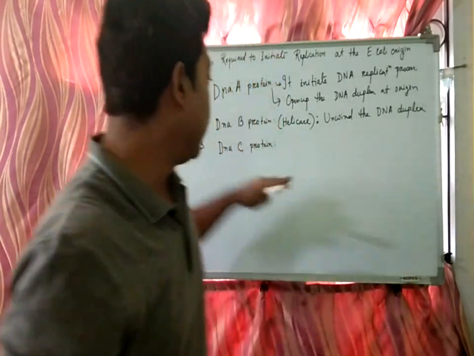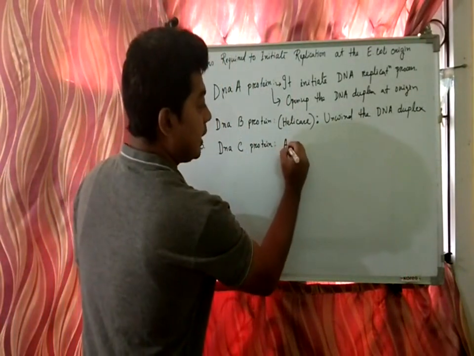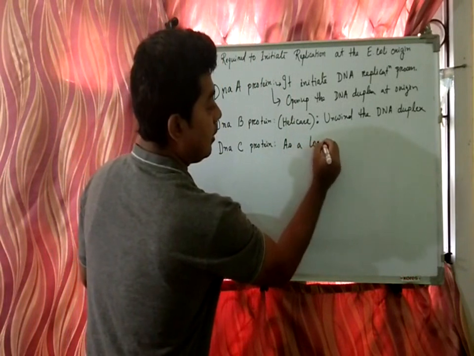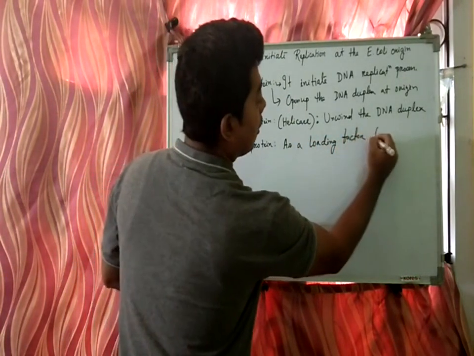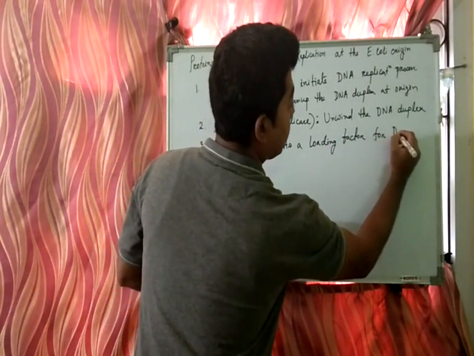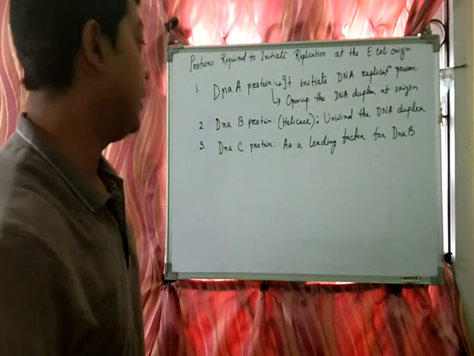So we can say DNA C is a loading factor for DNA B.